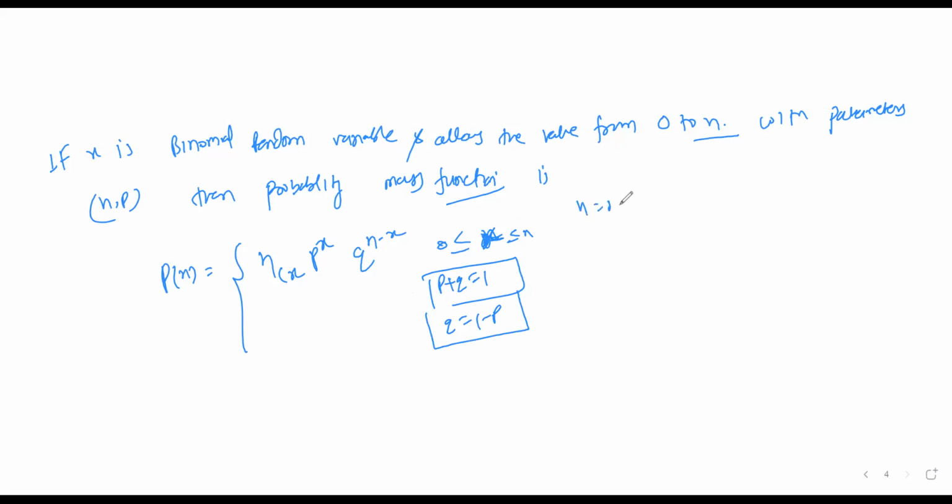Here n is the number of trials or observations, X is the random variable, p is the probability of success, and q is the probability of failure.